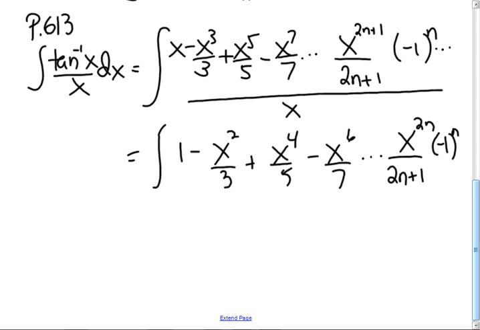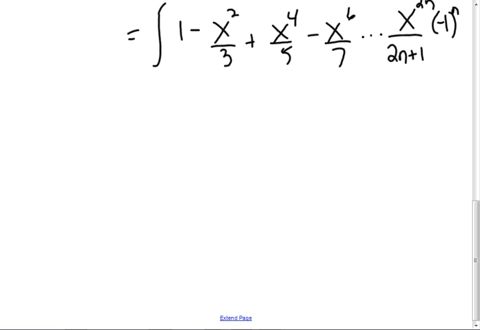I'm not done yet, Grant, am I? What do I have to do now? Integrate it. So that's equal to x minus x cubed over what now? No, 3 times 3 is 9. Plus x to the fifth over 5 times 5, 25. These are squares, aren't they?